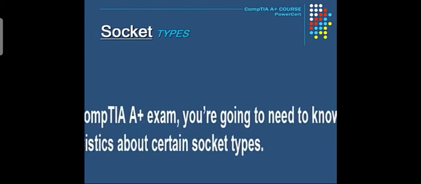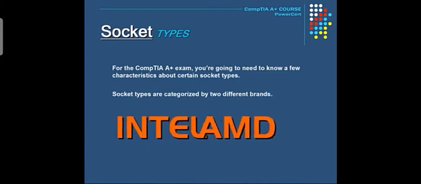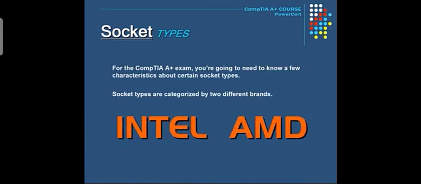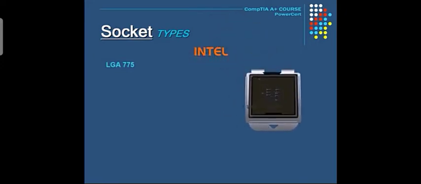For the CompTIA A+ exam, you're going to need to know a few characteristics about certain socket types. And these socket types are categorized by two different brands. There is Intel and there's AMD. So starting with the Intel sockets, which use the LGA package, the first one that we're going to talk about is the LGA 775 socket.